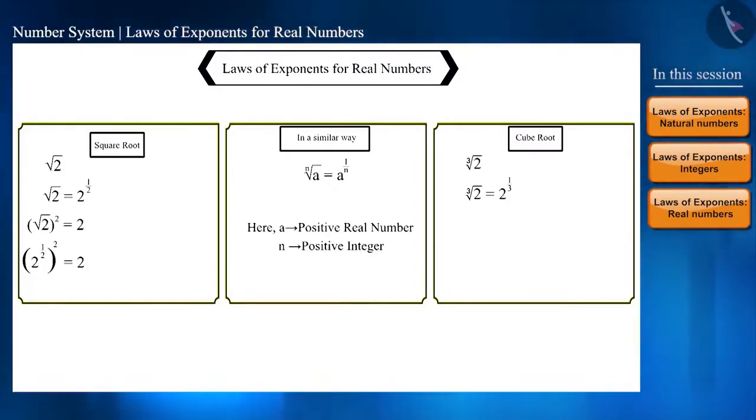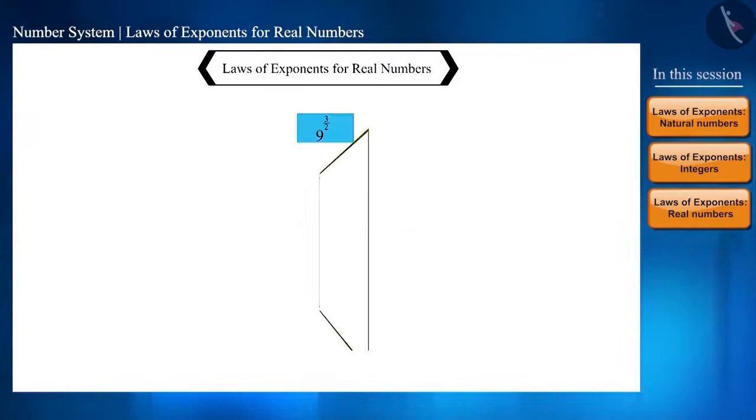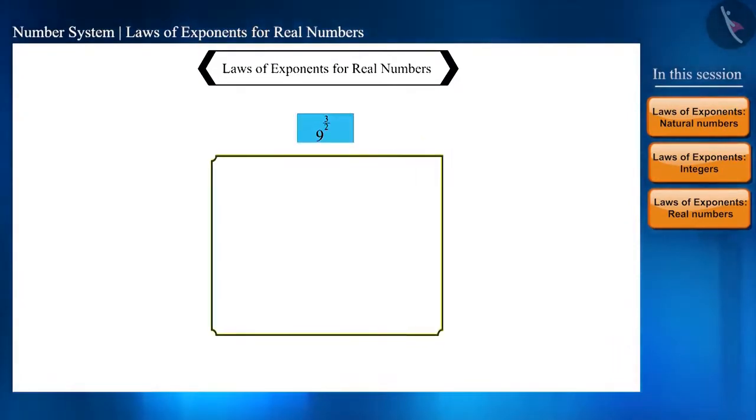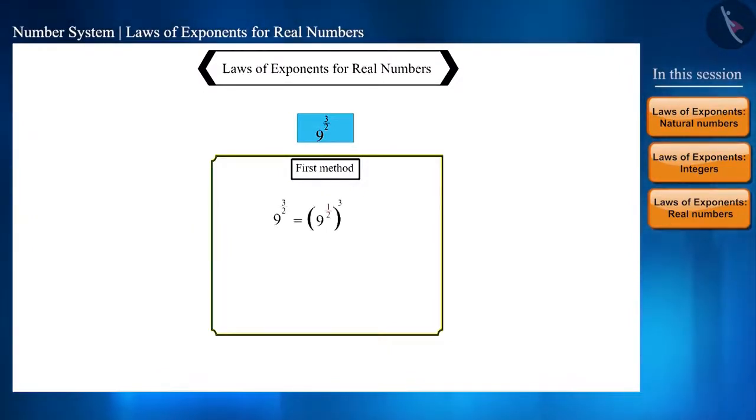Now look at this number, 9 raised to the power 3 by 2. We can write it in 2 ways. The first method is 9 raised to the power 3 by 2, which can be written as the square root of 9 in brackets to the whole power of 3. Square root of 9 is 3. 3 raised to the power of 3, and we get the result as 27.